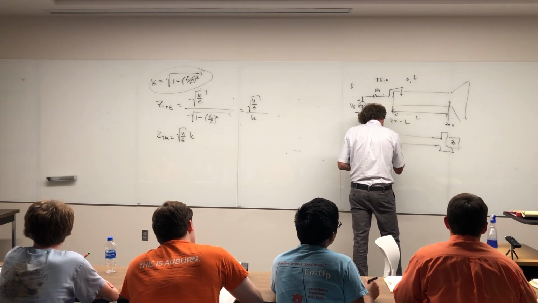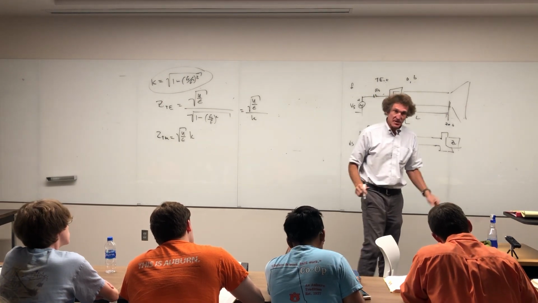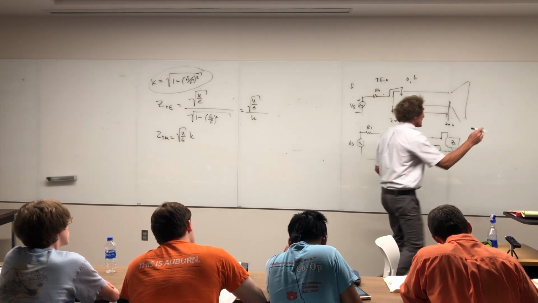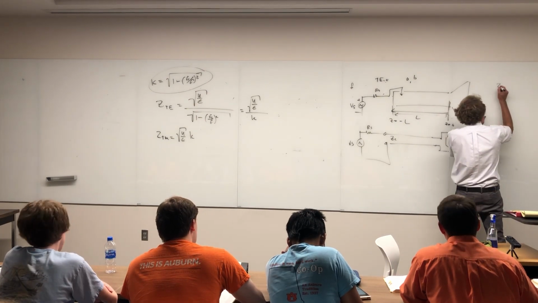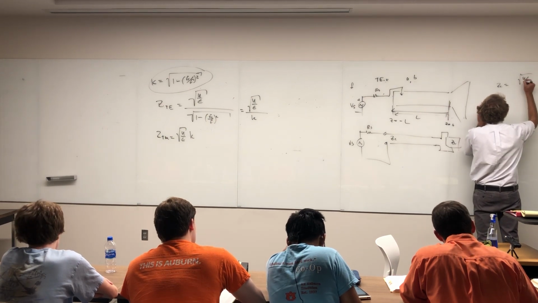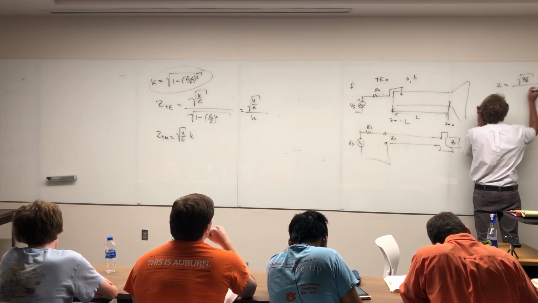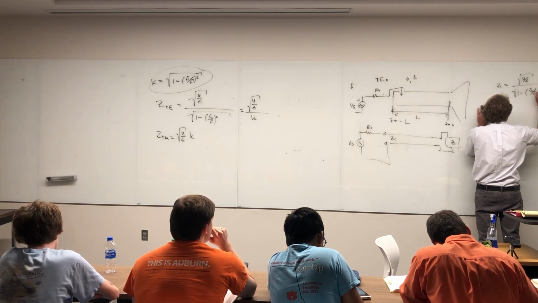Now, this has a characteristic impedance for the waveguide. But first you have to say that characteristic impedance would be equal to the square root of mu over epsilon of the guide over the square root of 1 minus FC over F squared.